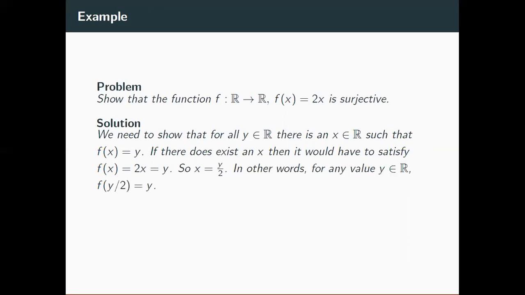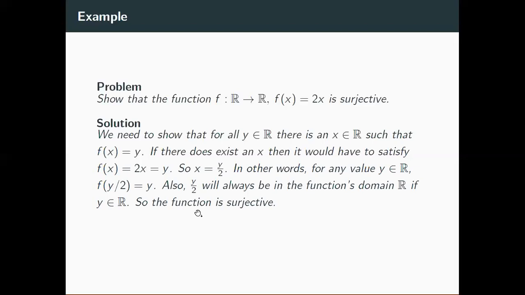So now what we can say is the value y over 2 maps to y. So for any y in your range R, the value y over 2 maps to it. And also, this value y over 2 will always be in your function's domain, because if y is an element of R, the reals, then y over 2 will also be a real number.